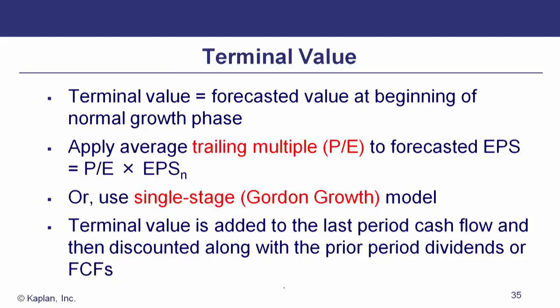Now, terminal value. If you're using a 2 or 3 stage, multi-stage model, you have individual discrete free cash flows that you forecast for the first n years, and then you estimate a terminal value. That terminal value will be added to the last cash flow, plugged into your calculator, and discounted at the appropriate rate to calculate value. If you're calculating firm value, the discount rate is WACC.